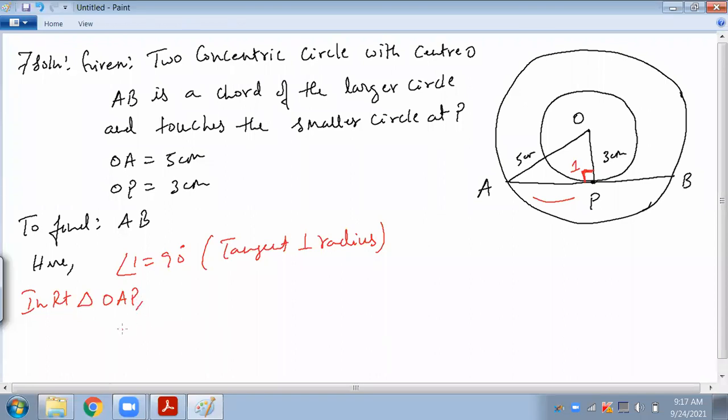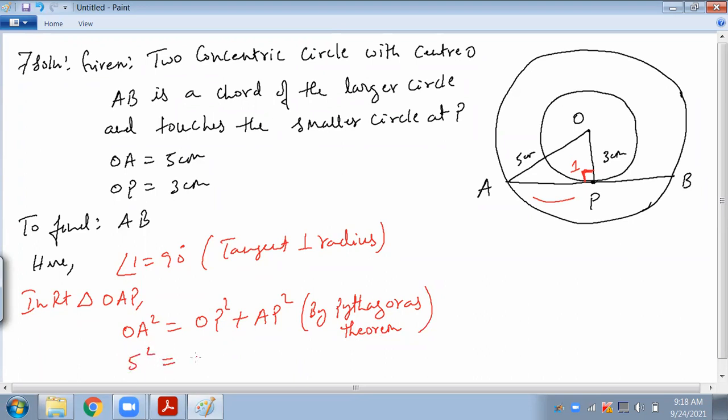The hypotenuse is OA, so OA square will be equal to OP square plus AP square. Then put the values. OP is 3 and AP we don't know, we are going to find it. We are putting the values from the given. Now solve this.